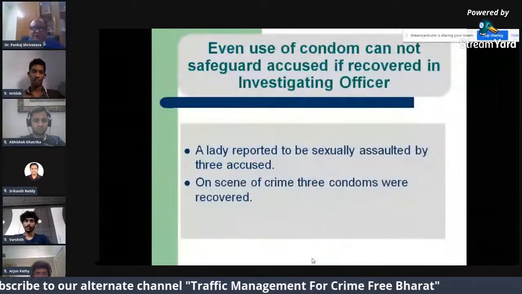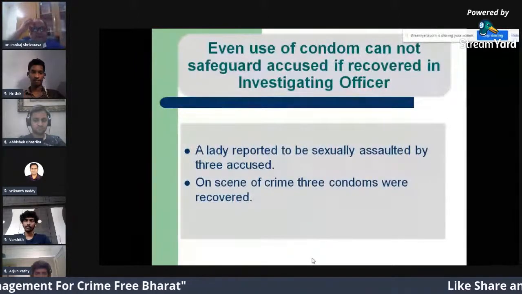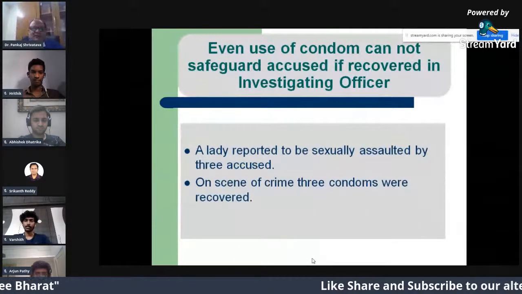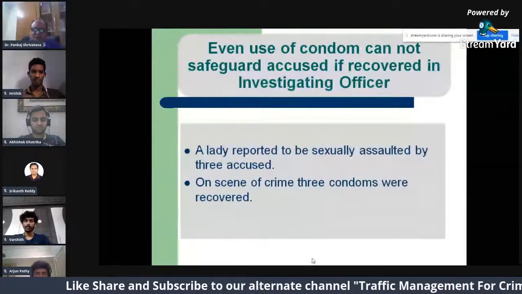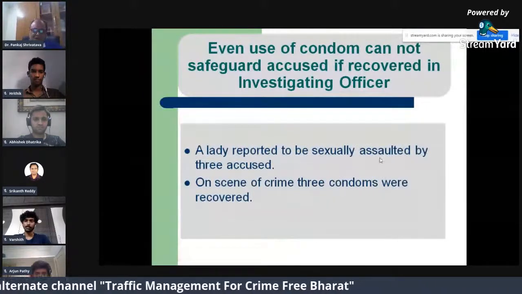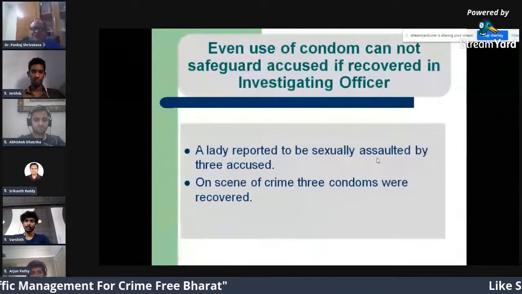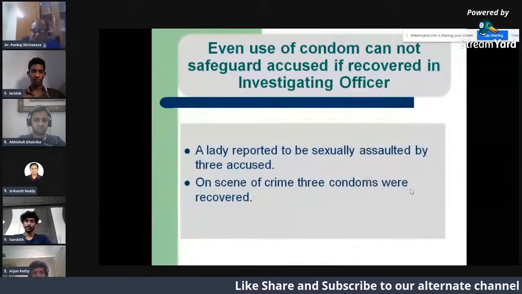Now, another type of case, where even the use of a condom cannot safeguard the accused if recovered by the investigating officer in a proper manner. A lady was reported to be sexually assaulted by 3 accused, and on the scene of crime 3 condoms were recovered.